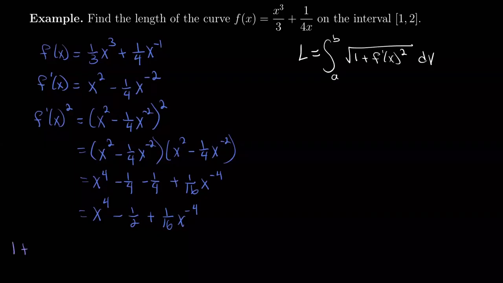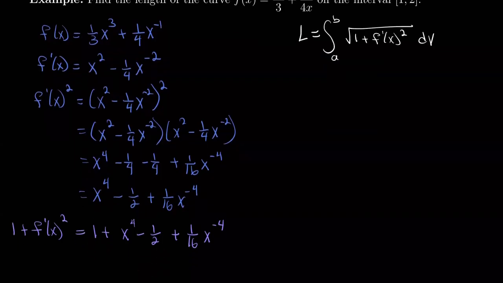So 1 plus my f prime of x squared is 1 plus x to the 4th minus 1/2 plus 1/16 x to the -4. And then some things combine. The 1 and -1/2 simplify, and that becomes x to the 4th plus 1/2 plus 1/16 x to the -4.